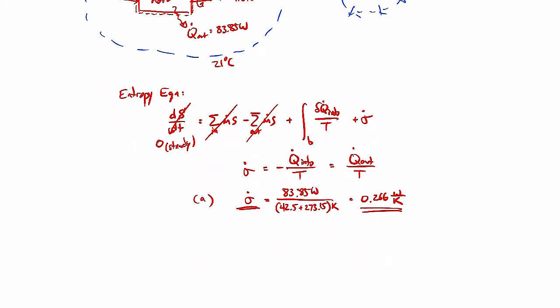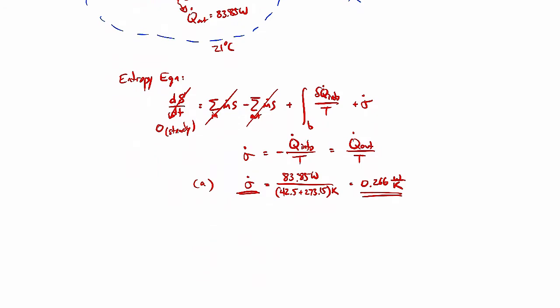So when we work out the rate of entropy production there, for part B, the sigma dot will be still the 83.85 watts, but now the temperature at that boundary is 21 degrees. So we need to convert that into an absolute temperature again. And now the rate of entropy production is a little bit larger.